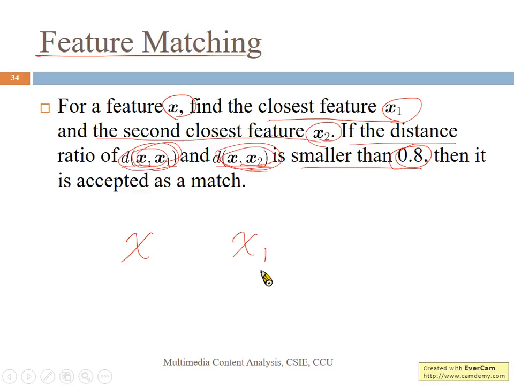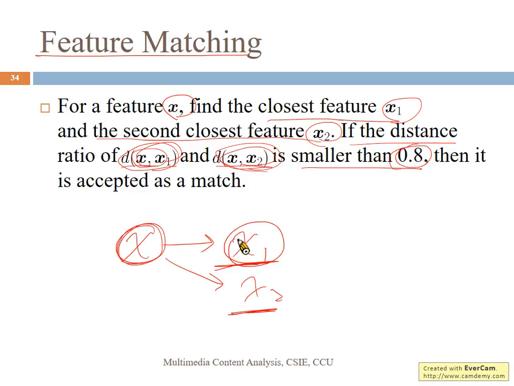That means if the first match is much better than the second match, then we say that the feature X is matched with feature X1. And this is the simple way in this paper to do feature matching.